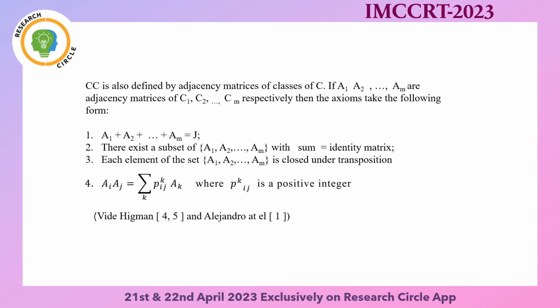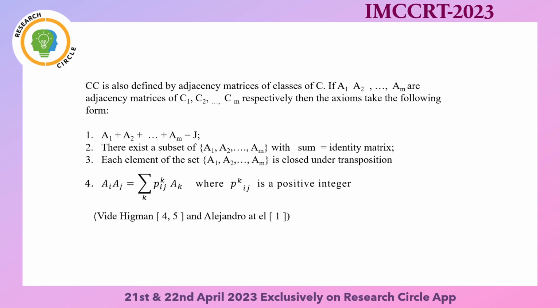Here also coherent configuration can be defined by adjacency matrices of its classes. So if A1, A2 up to Am are adjacency matrices of C1, C2 up to Cm respectively, then the axioms take the following form. The first one says that summation of all these Ai's is equal to the all-one matrix J. The second one says that there is a subset of the set of matrices A1, A2 up to Am which sum to the identity matrix.